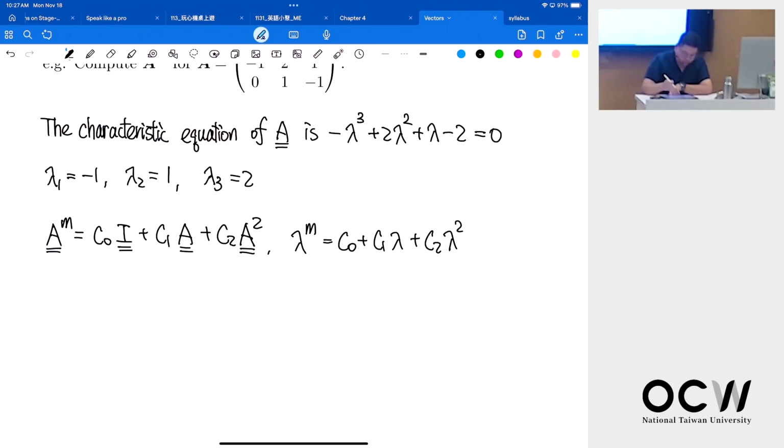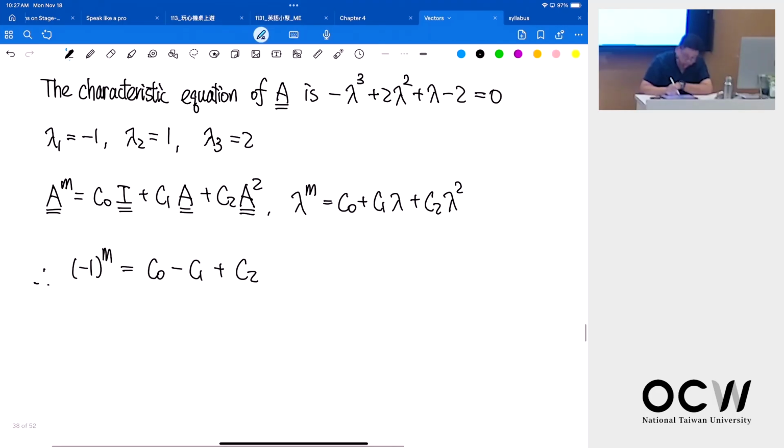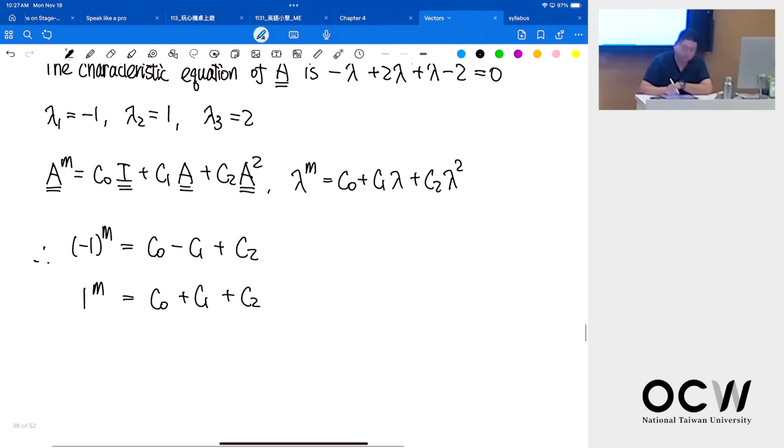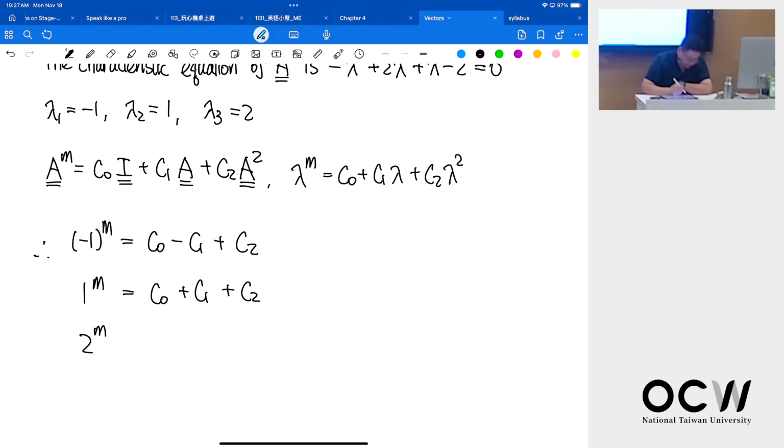Now you can bring in minus 1, 1, and 2. When lambda is lambda 1, minus 1 to the m equals C naught minus C1 plus C2. And 1 to the m is C naught plus C1 plus C2. And 2 to the m is C naught plus 2C1 plus 4C2.